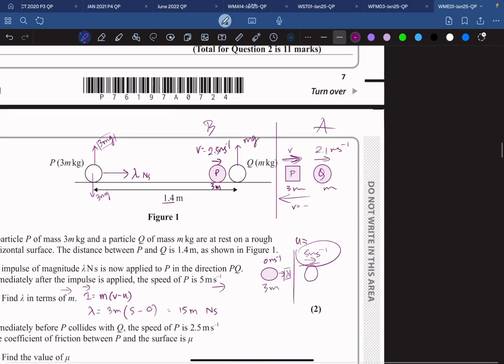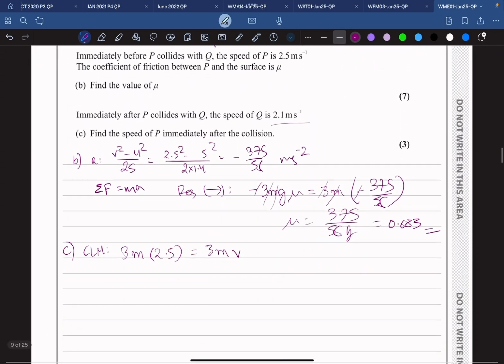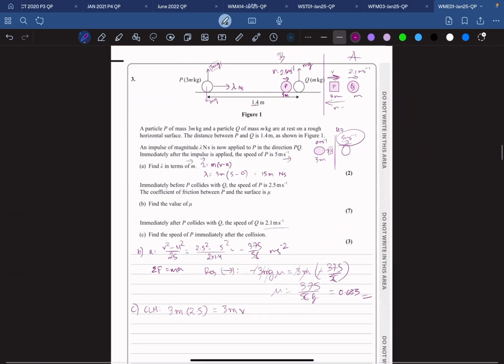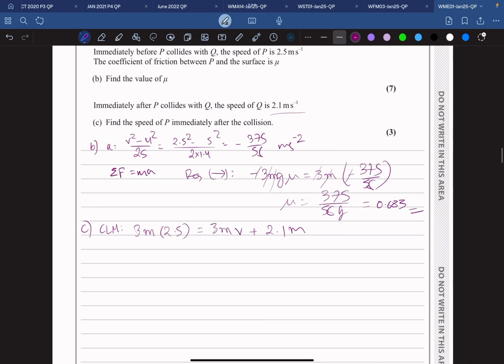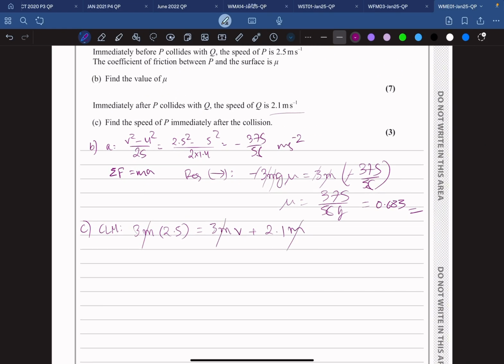Keep that in mind. We have 3mv right here, and then plus 2.1m. All the m's cancel out. Very simple. And v is equal to 3 times 2.5 minus 2.1 divided by 3.